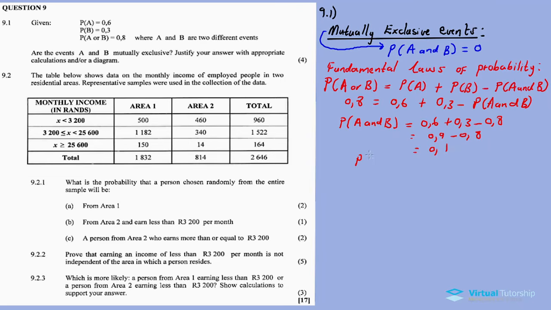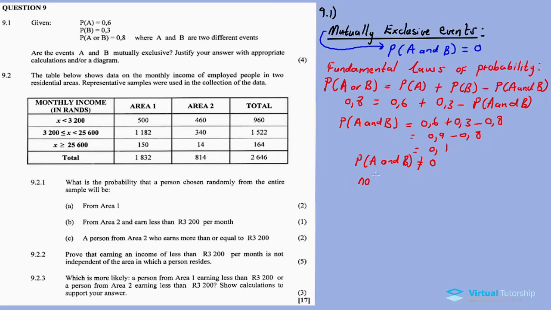So the probability of A and B, according to this calculation, is not equal to 0.